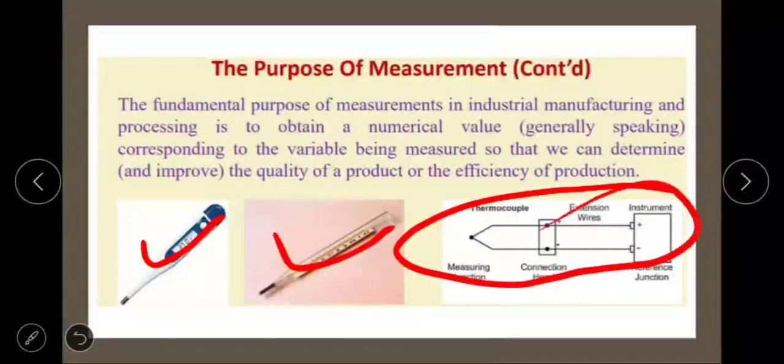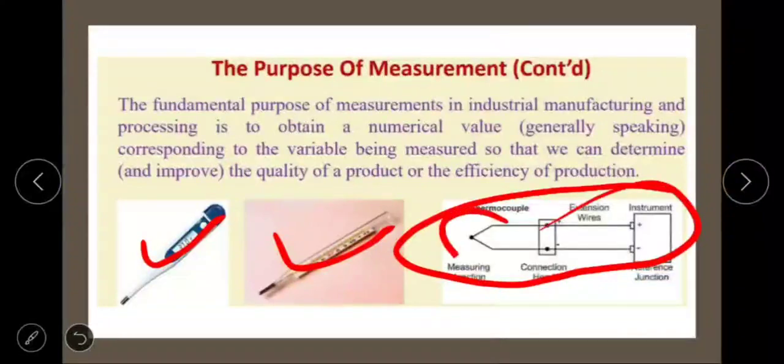This is a thermocouple. So what is a thermocouple? It is a device that measures temperature, and it works on the principle of the Seebeck effect.